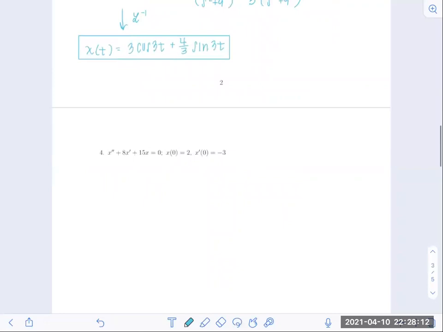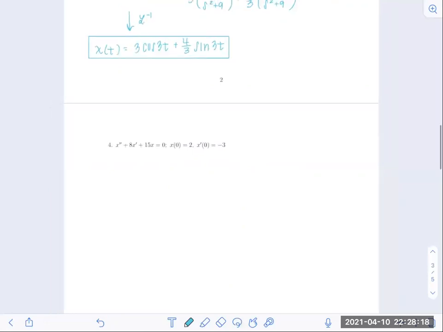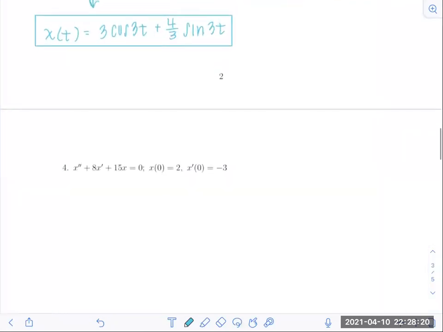All right, so next, number 4 is very similar to the previous problem. I'm going to start by finding the Laplace transforms of the two derivatives. So let's find the Laplace transform of x double prime. Here again, that's s squared times X of s minus s times the initial condition on x, which is 2, minus the initial condition on x prime, which is -3.